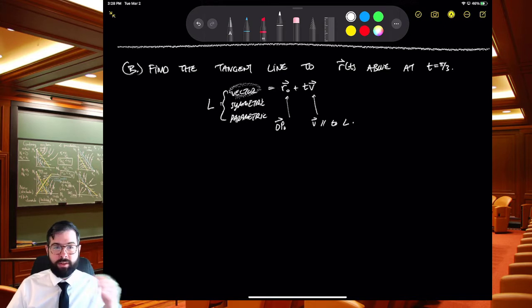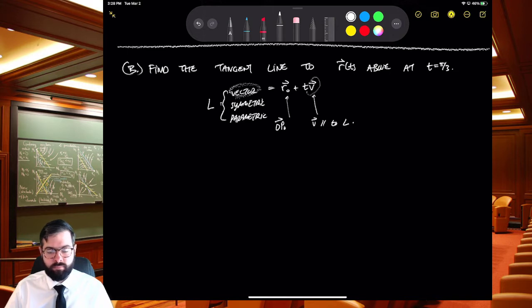So here we're talking about the tangent line to this curve. What should we use for that vector v? The unit tangent vector that we just calculated. For sure.